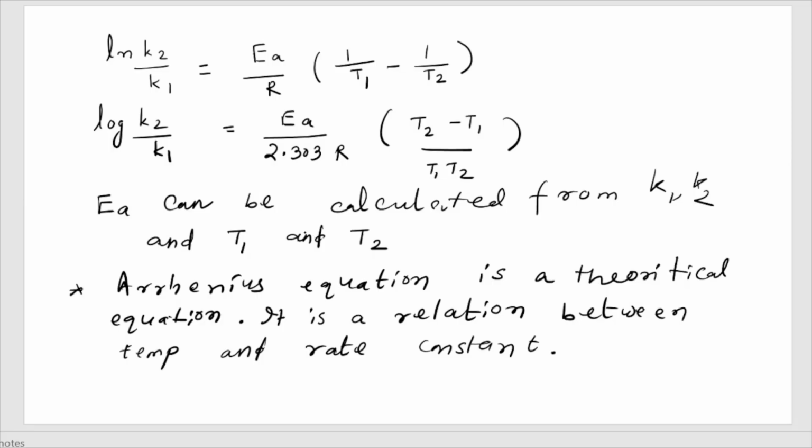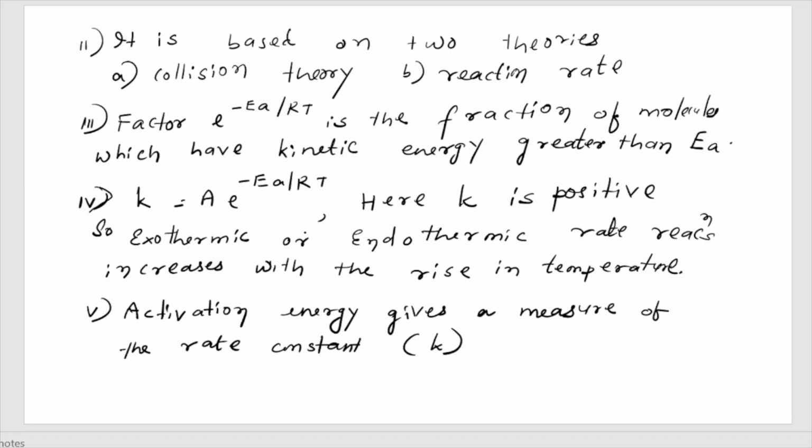The Arrhenius equation is a theoretical equation, and it is a relation between temperature and rate constant. It is based on two theories, collision theory and reaction rate theory. Collision theory depends on effective collisions of the molecules and on the orientation barrier.